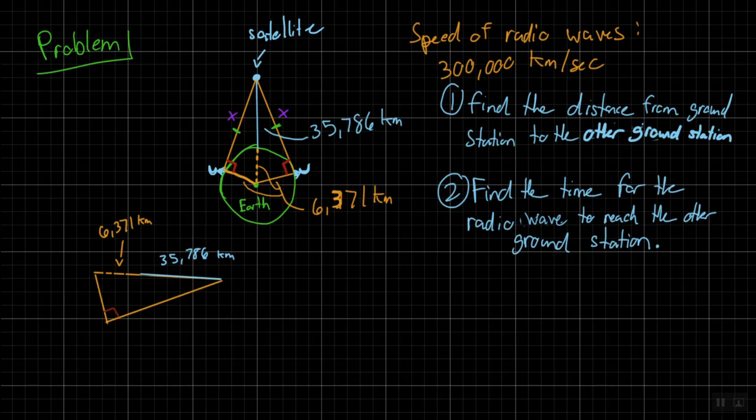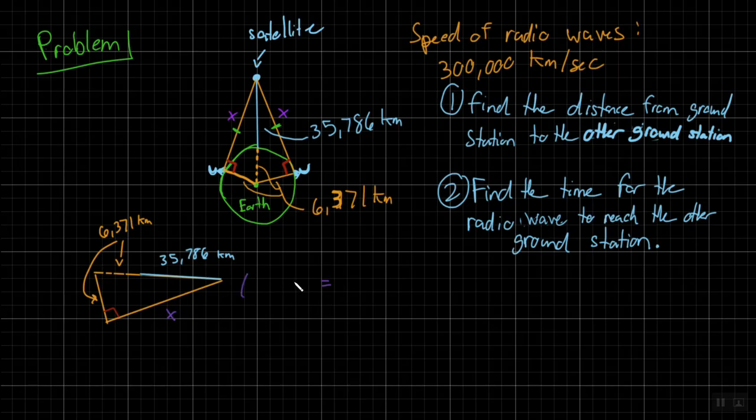Okay, we're trying to find x. Well, we know this side as well, this side over here. So if I know two sides of a triangle and I'm trying to find the third, what can I do? Anybody? Yes, Pythagorean theorem.